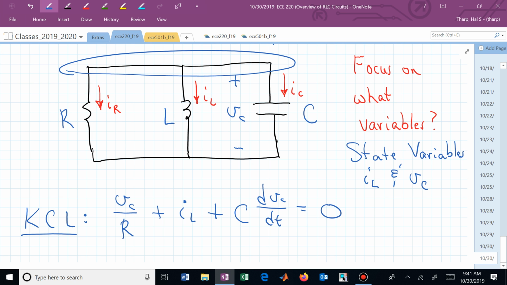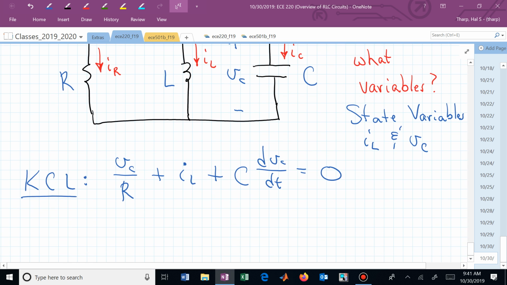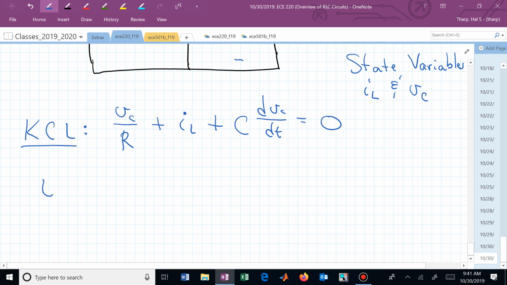Now we have one equation, but it includes a couple different variables. We want to write it in terms of just one. So now we start going through Eli the Iceman. We say, okay, we have ELI. That says that V sub L is equal to L di sub L dt.